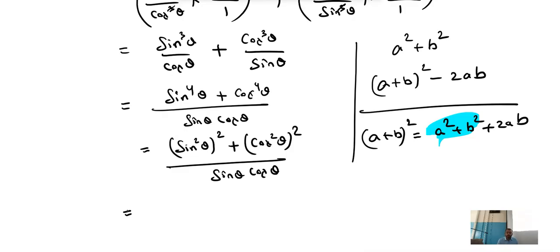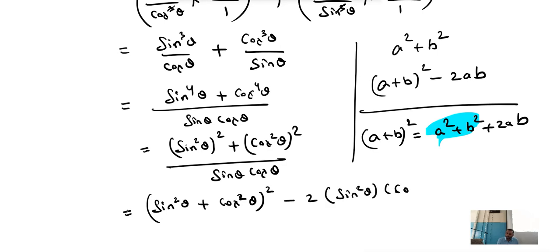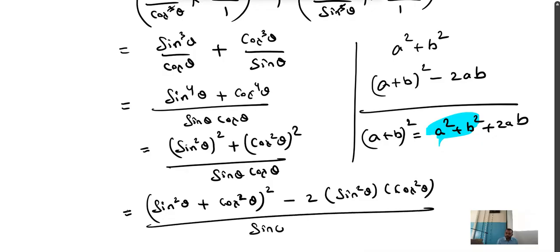A square plus b square can be written as (a plus b) whole square minus 2 into a into b. Correct? (a plus b) whole square minus 2ab, divided by sin theta into cos theta.